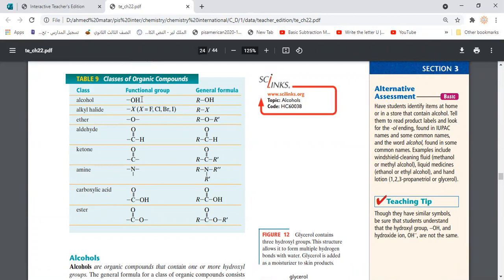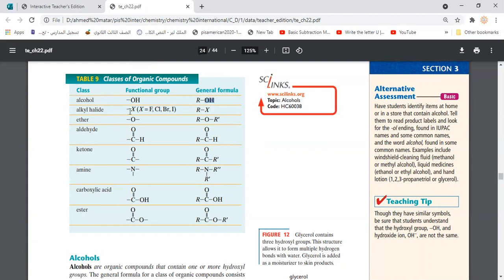Instead of this hydrogen, it will be substituted by OH. So any organic compound that contains a hydroxyl group, we're going to call it an alcohol, or it will be classified as an alcohol. So alcohol is one class of organic compounds. What is alcohol? It's just an alkyl group with a hydroxyl group, or OH group.